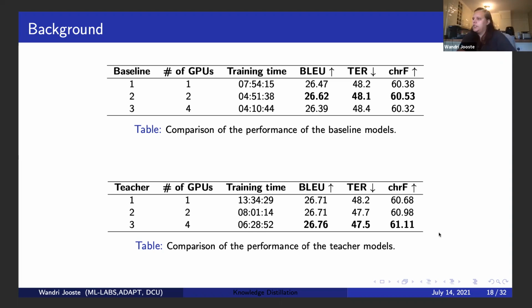But baseline 2 is a bit of an anomaly, since that's the best baseline model on 2 GPUs. The best model between our baseline and teacher models would be the teacher that was trained on 4 GPUs. You can see it has the best BLEU score, TER and chrF.